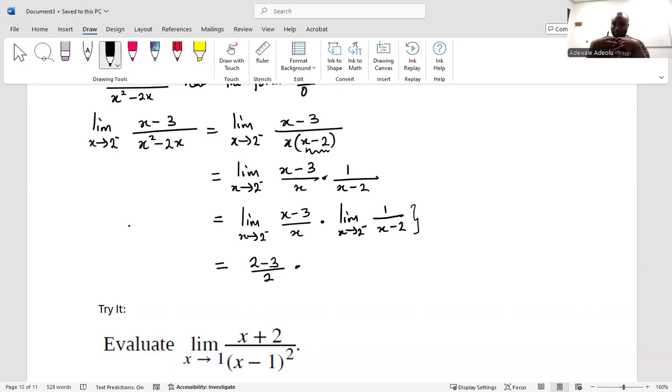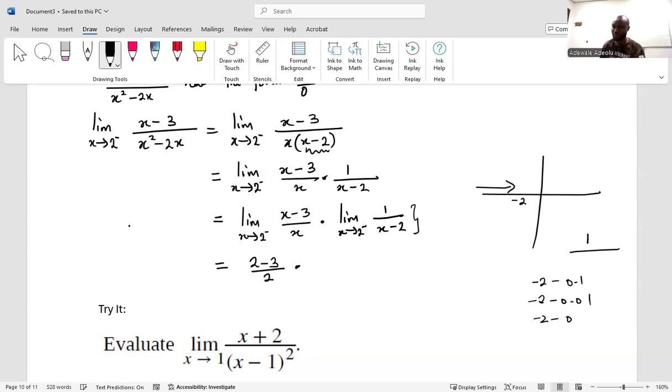But let us think about it. As you are taking x values very close to 2 from the left, meaning values less than 2, x minus 2 takes negative values very close to 0. For example, x minus 2 being minus 0.1, minus 0.01, minus 0.001.